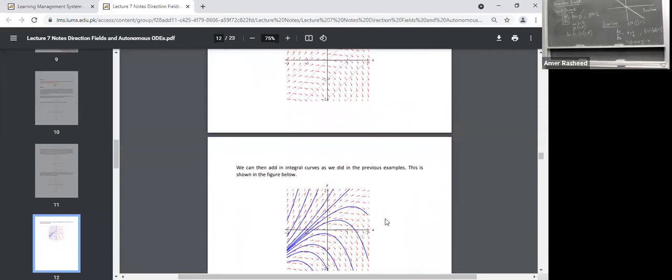Now you can see here the solution curves. You can see the constants here. These are some of the solution curves which follow the pattern of the lineal elements. This is how we plot the solutions.